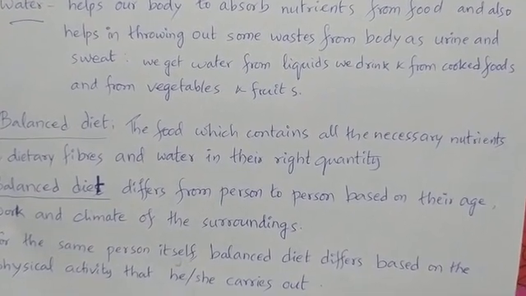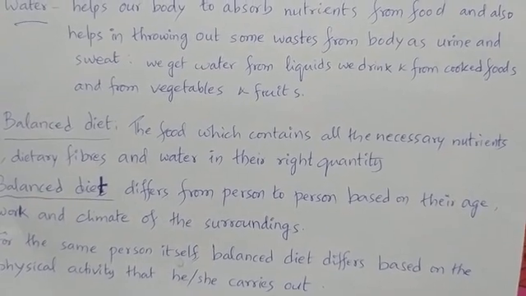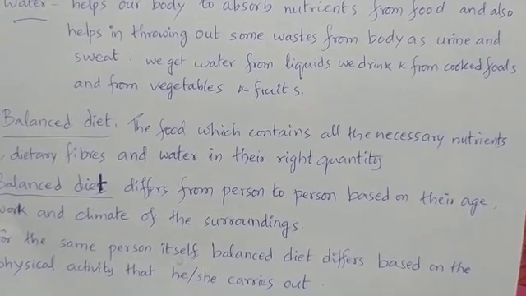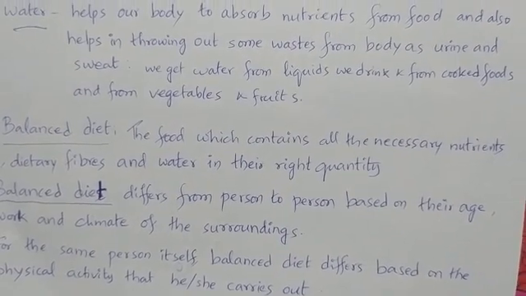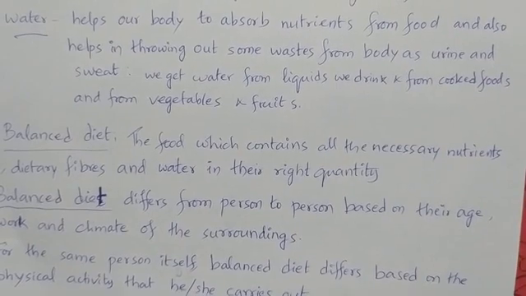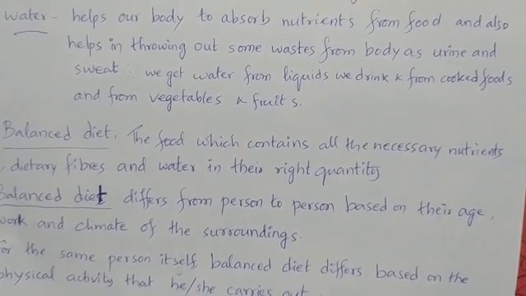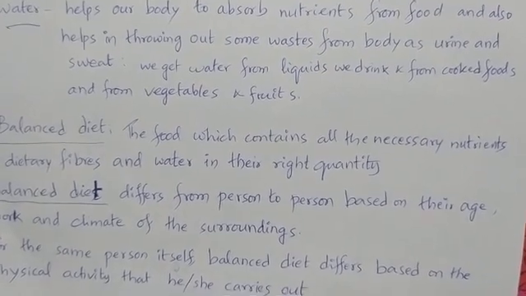In vegetables water is directly present, and in fruits also. Like this, we are taking water in many different forms. And for what purposes is water helping? It helps our body to absorb nutrients from the food, and also it helps in throwing out some wastes from our body as urine and sweat.